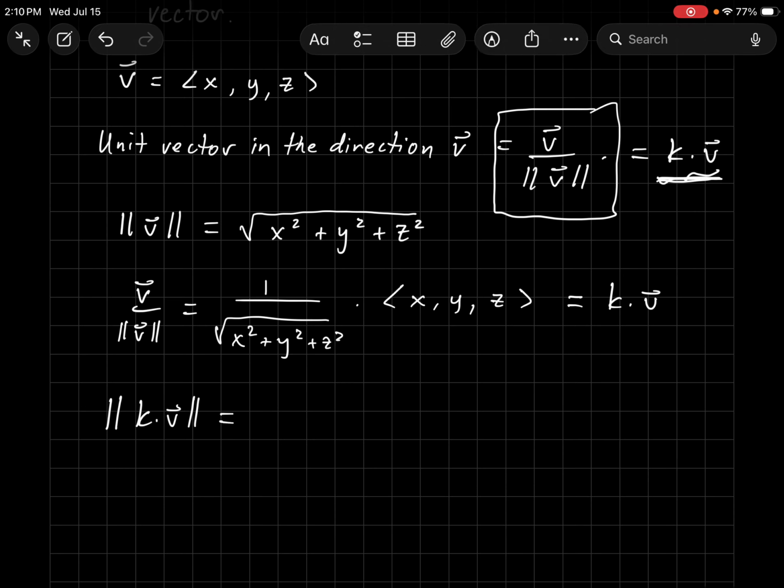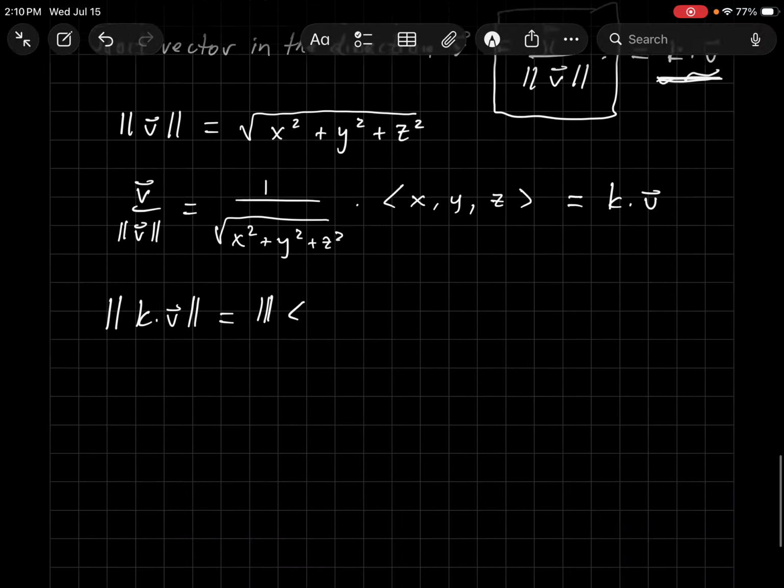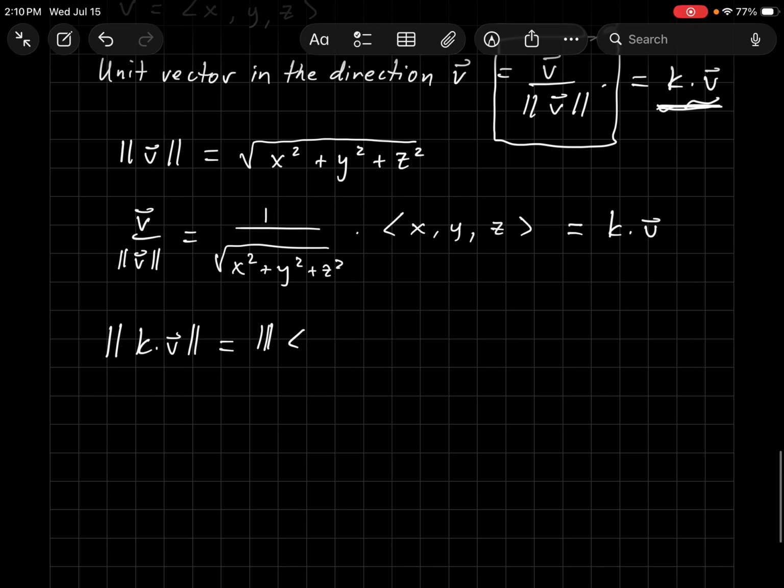Well, the magnitude of k times v is the magnitude of, well, it's kx, and then ky, and then kz. Sorry, the computer froze slightly. We'll try to edit that out in post-production.